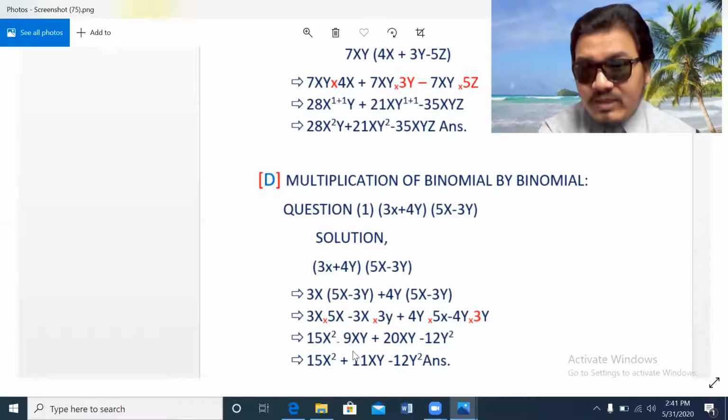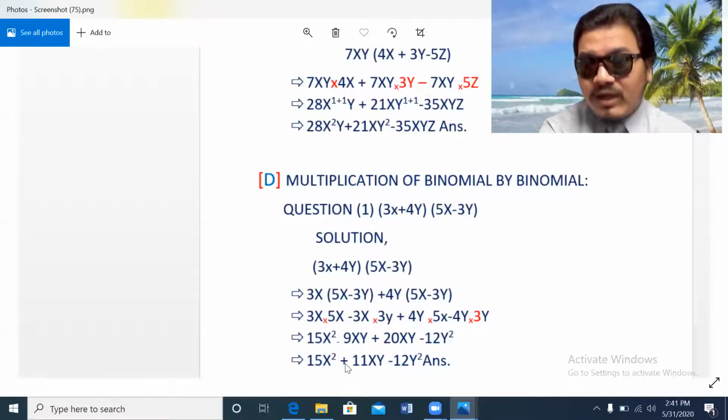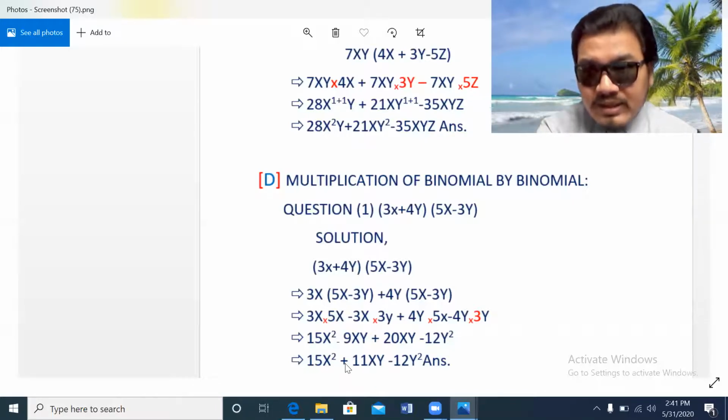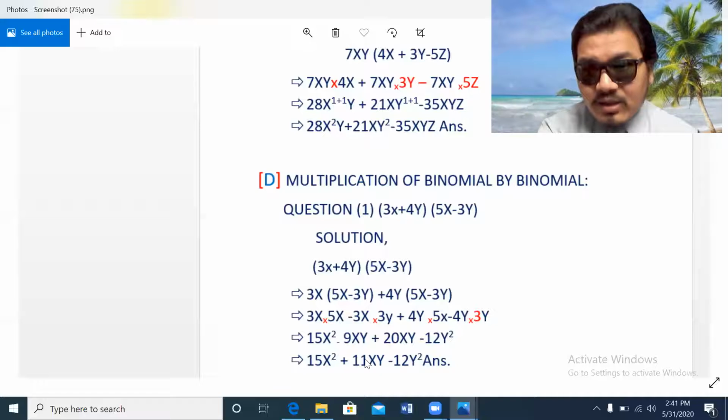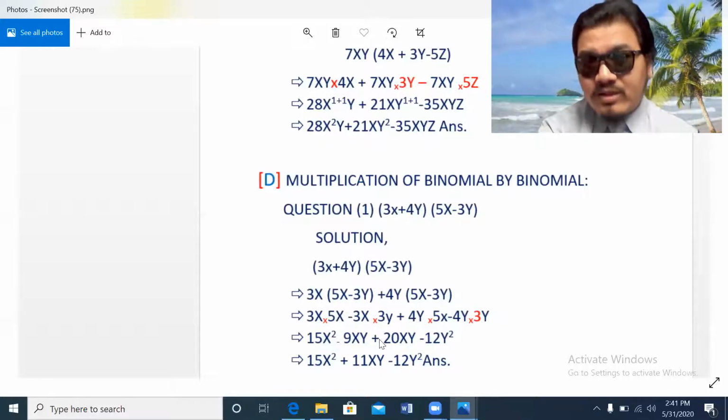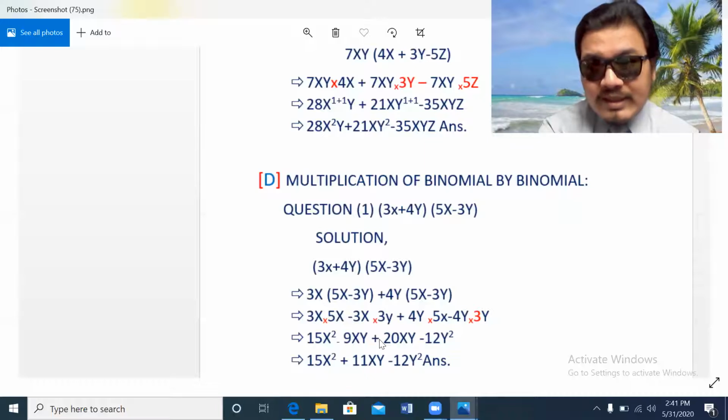And here is the very important thing. Look at why I have written plus here and not minus. It is a very important point. This 11 is remaining from 20, so this answer will also take the sign of the bigger term.